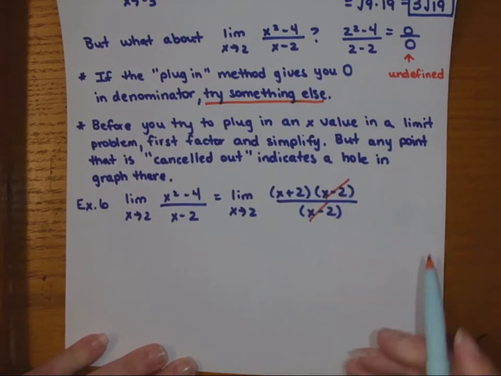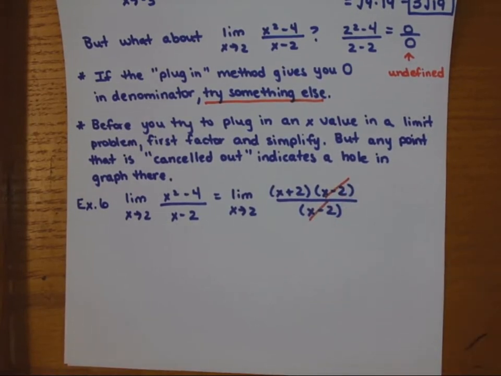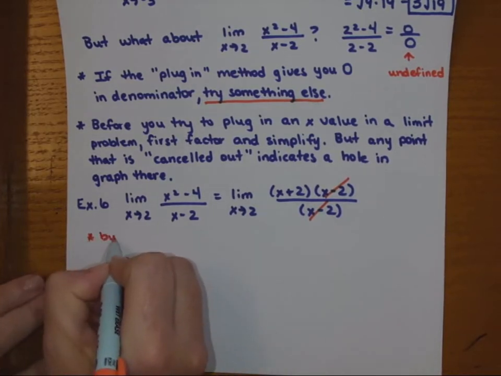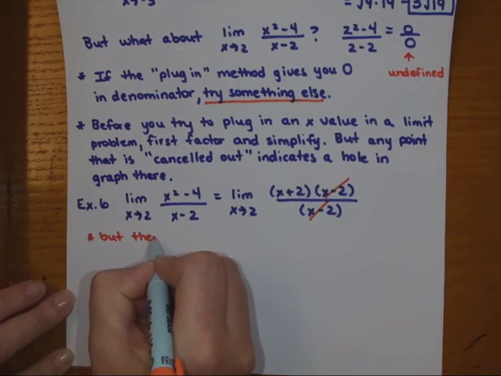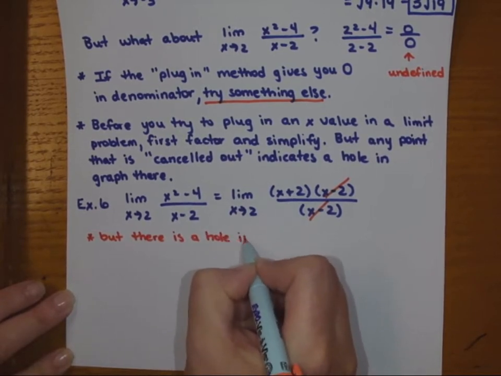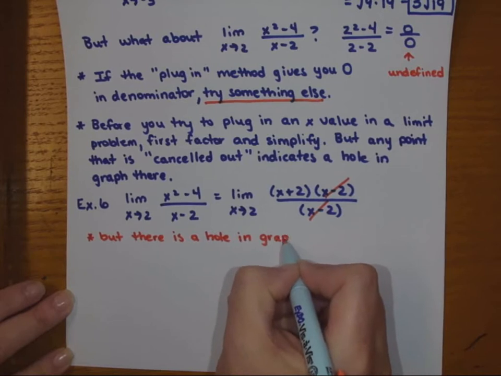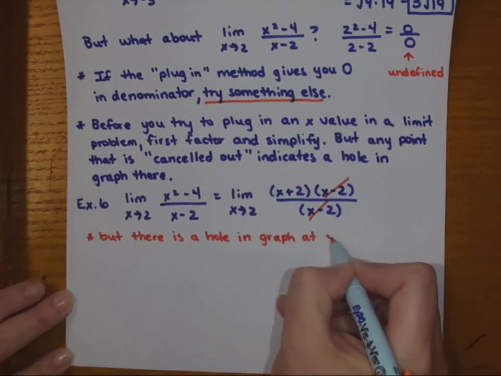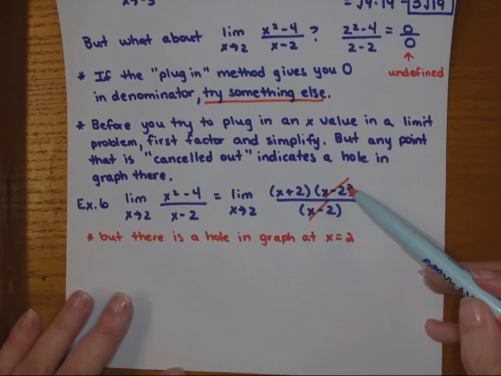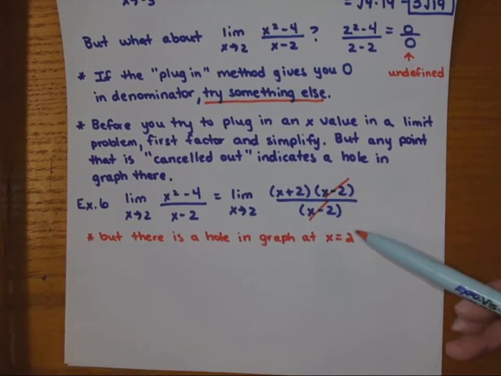Remember, we're not truly canceling it out, just for the purposes of limits, we're canceling it out. Before we talk about the answer, I want to make sure we're clear here. There actually is a hole in the graph at x equals 2, because you would set the denominator equal to 0, and then add 2 to both sides.